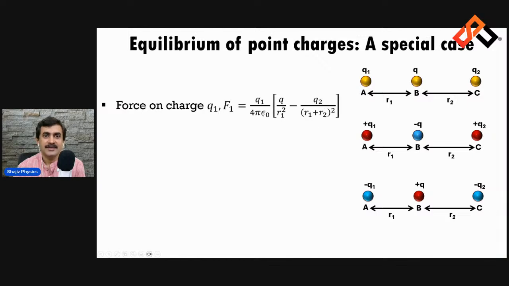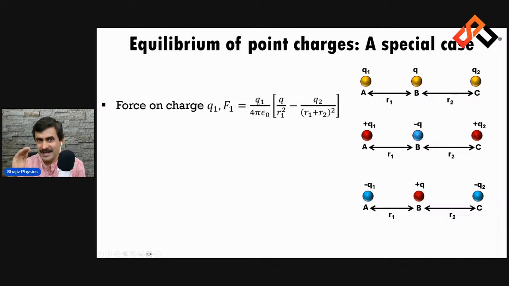So we shall write it like this. You consider the first force, it is acting along the positive x direction, along AB. That is the force between Q1 and Q, given by 1 by 4 pi epsilon 0 into Q1 Q by R1 square. Now, the next force between Q1 and Q2 is acting along the negative x direction. That is the negative sign appearing here.